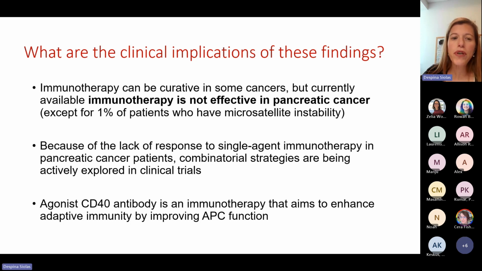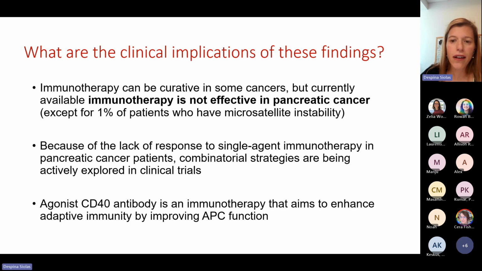And so immunotherapy can be curative in some types of cancers, but the currently available immunotherapy is not effective in pancreatic cancer, except for 1% of patients who happen to have this phenomenon called microsatellite instability. So because of the lack of response to current immunotherapy in pancreatic cancer, different combinations, both with chemo and with new agents, are actively being explored in clinical trials.